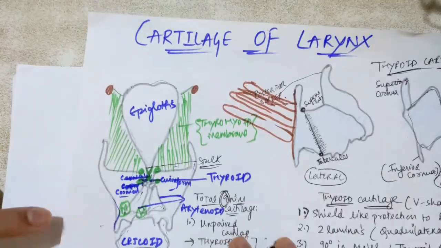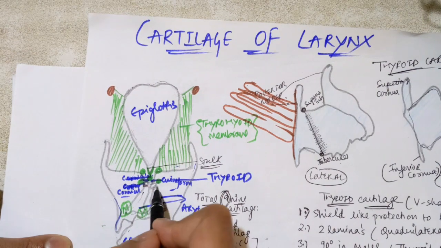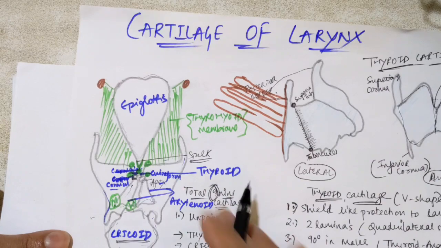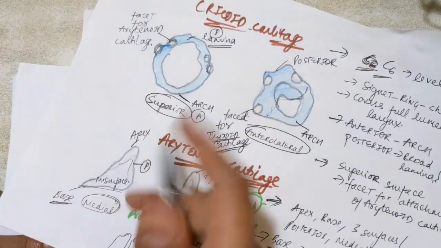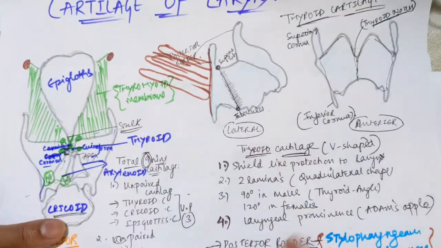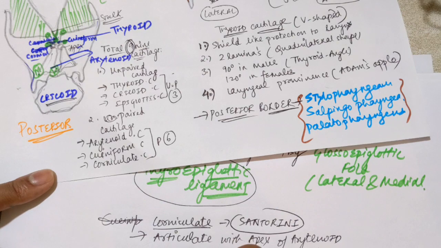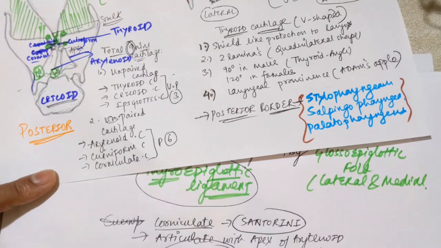Okay, you can see it here. So this is a corniculate. It is just attaching with the apex. This is the apex, I have told you on this specific diagram. So above this, your corniculate actually attaches like this. It has a conical shape. So that's the basic feature for corniculate.